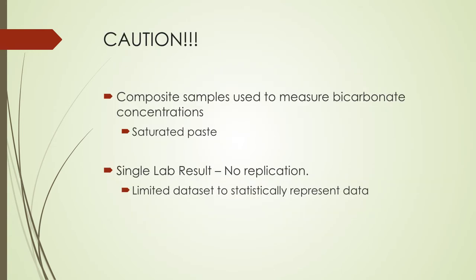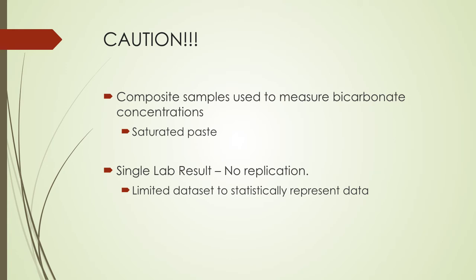But we need to watch out at these results, because if we remember, we spoke earlier about the composite samples that were used for the bicarbonate concentrations in their saturated paste analysis. So this could have been an oversight or just lack of planning, or something happened where they didn't grab enough samples for each treatment.